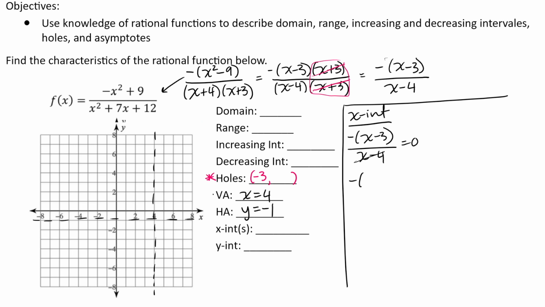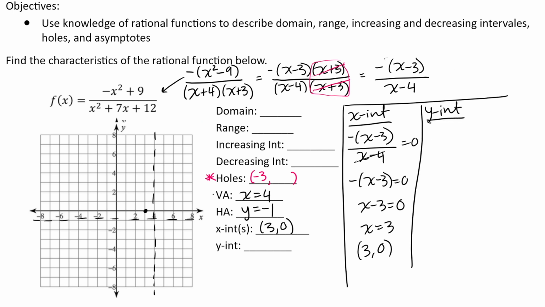So I get negative (x minus 3) equals 0. If I divide by negative 1, I get x minus 3 equals 0. Add the 3 over, and we get x equals 3. So when x is 3, y is 0. And let's plot that as well, (3, 0).